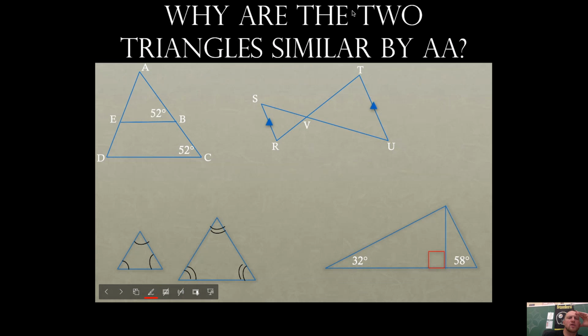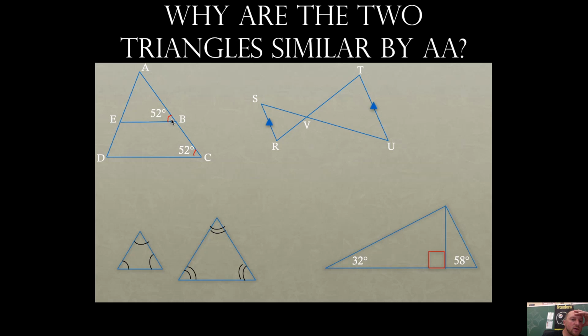Why are the 2 triangles similar by angle-angle? So they're telling you that all of these are similar. You got to remember how to find congruent angles in a diagram. If we're going to be using angle-angle, all of a sudden there's going to be a lot of situations where you're going to get congruent angles that maybe you don't remember. So that's why we're going over these. Clearly, there's a pair of congruent angles.